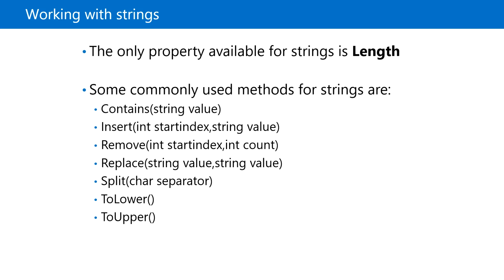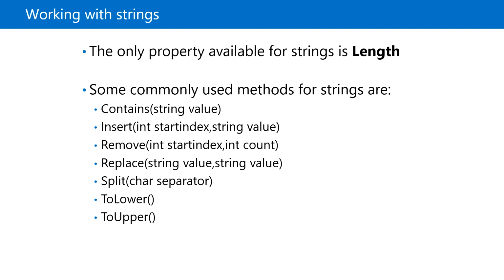There are many methods available to manipulate a string variable, but the only property available for a string variable is Length. So using the Length property, we can find out the number of characters in the string.